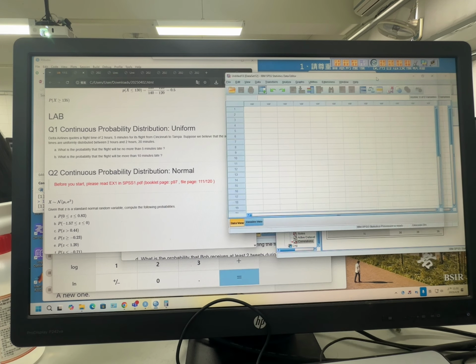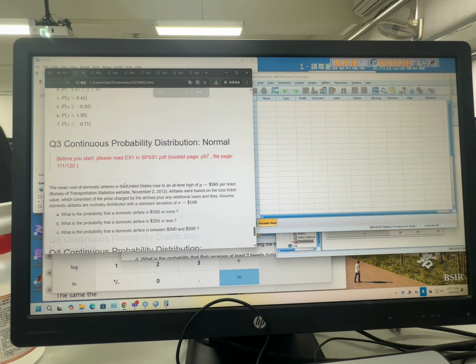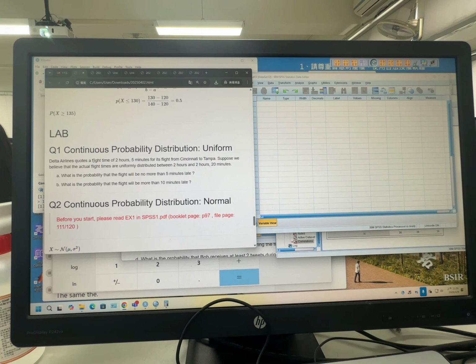So how to do this based on the question: the flight time is 2 hours and 5 minutes.